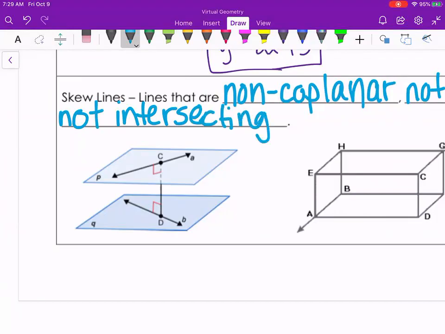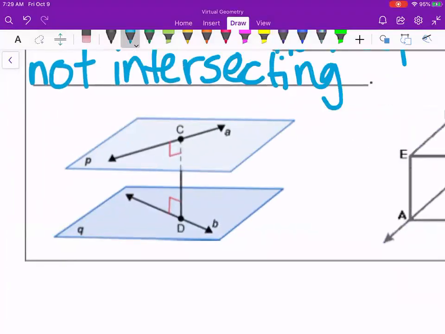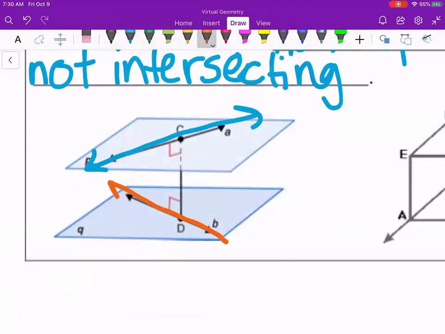So we've got a couple of pictures here. So one way that that could happen, I have 2 separate planes. Okay, plane P on top, plane Q on bottom. It's like holding a piece of paper above another sheet of paper. So no matter what's on that first piece of paper on top, it's never going to touch what's on the bottom piece, the bottom plane, or that bottom sheet of paper. Okay, because again, those surfaces are not touching. So line A, that's here in the top plane, notice it's kind of slanted going left to right, while the line below it on the other plane is going a different direction.